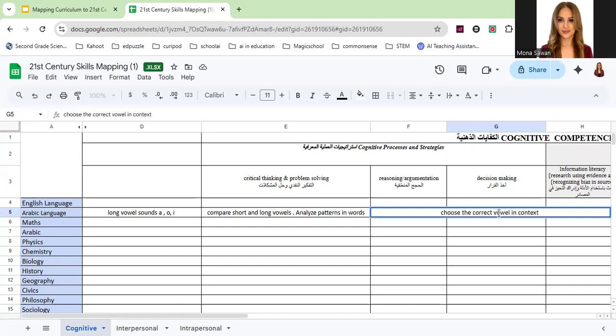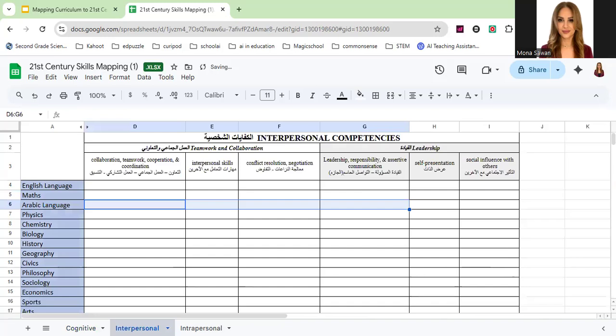Let's move now to the interpersonal competences. Interpersonal competences, I select only what supports learning. So here under collaboration, teamwork, cooperation, and coordination, it's like work in pairs to read words with long vowels.